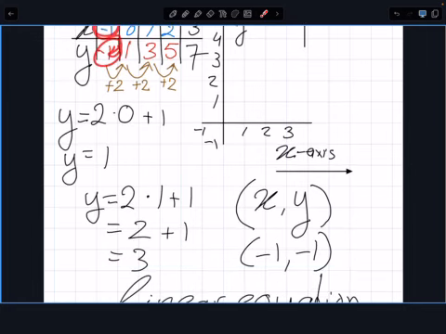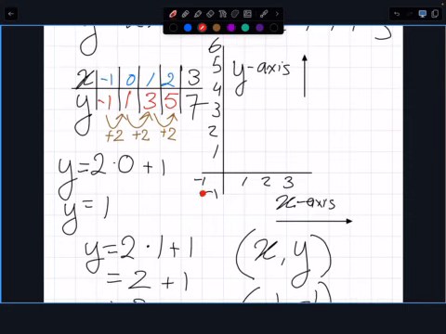So the first coordinate is -1, -1. Which is here. The second coordinate is 0, 1. Here it is. The third coordinate is 1, 3, which is here. The next coordinate is 2, 5, which is here.